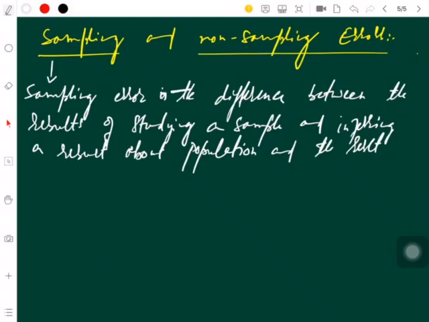It's a bit technical, that's why I am writing, and you can copy it as well. The population and the result of the census of the whole population.